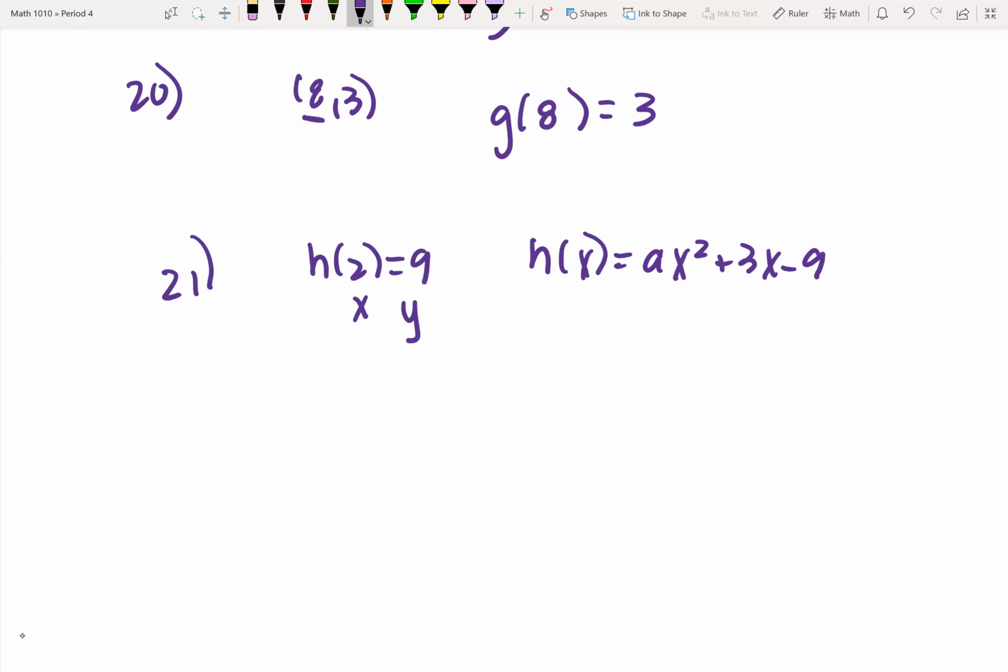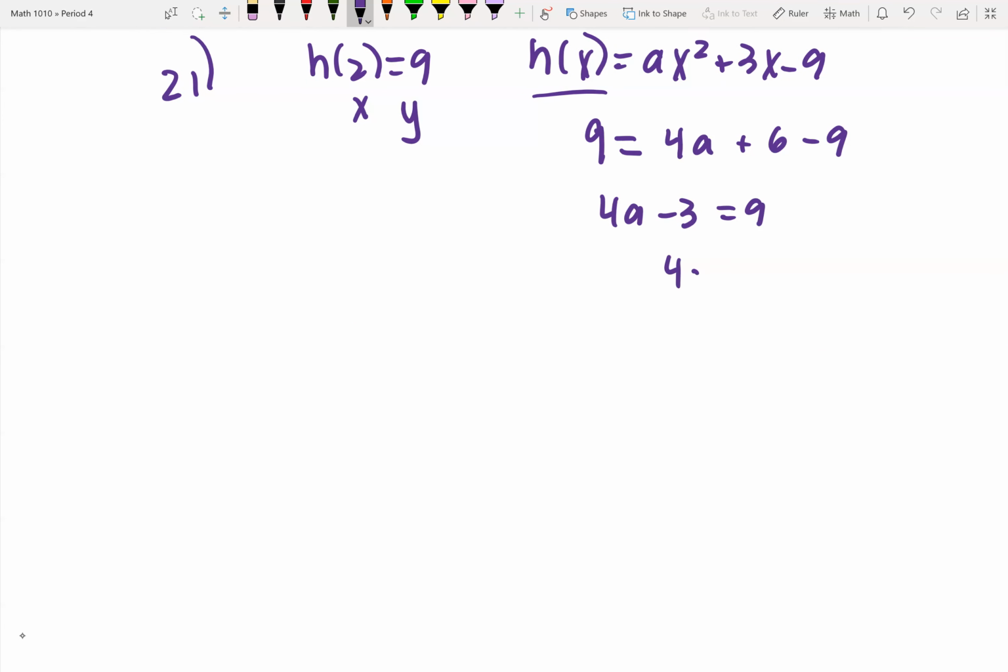So X is 2, Y is 9. So H of X, that's your Y. So 9 equals, if X is 2, 2 squared is 4, 4 times A is 4A. If X is 2, 2 times 3 is 6, minus 9. So that gives me 4A minus 3 equals 9. Move your 3 over. 4A equals 12. Divide, A equals 3. Done.